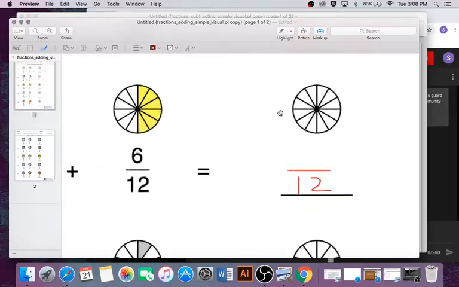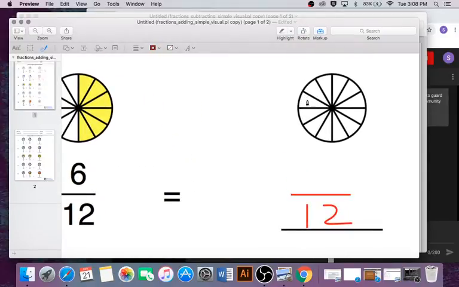We have 4 shaded in from the first one, and 6 shaded in from the second one, so 6 and 4 gives us 1, 2, 3, 4, 5, 6, 7, 8, 9, 10 shaded pieces.